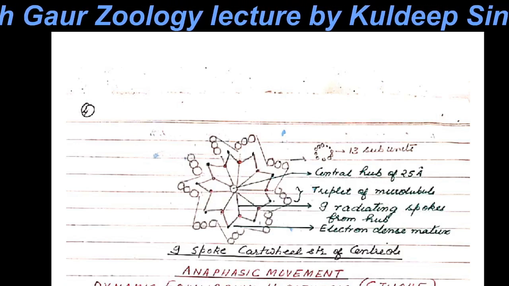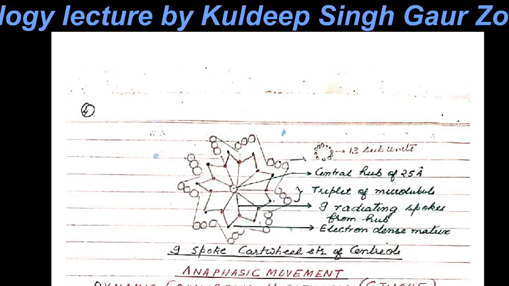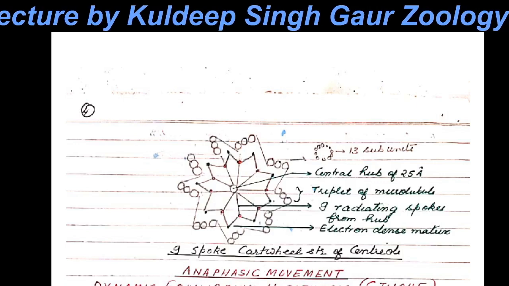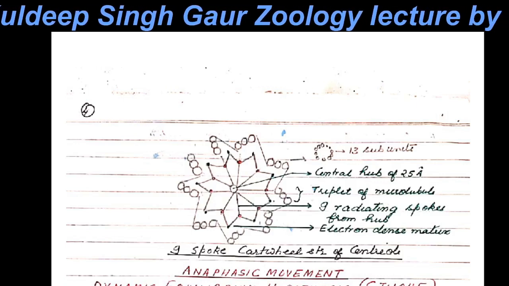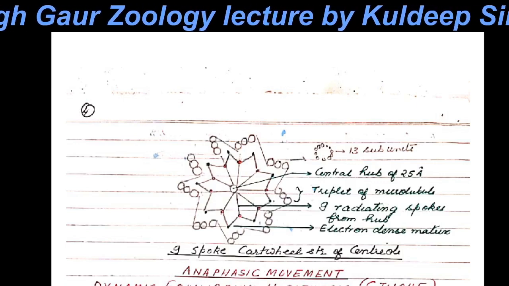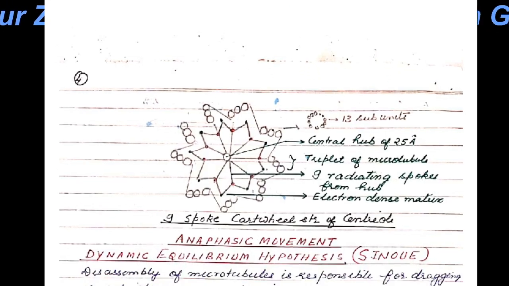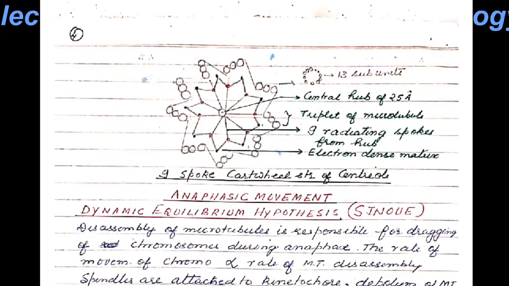And these triplets are linked with linkers, and the 13 protofilaments are made up of microtubules, which are polymerized form of alpha and beta tubulin. So this 9-spoke cartwheel structure is of centriole. It is the characteristic of centriole.